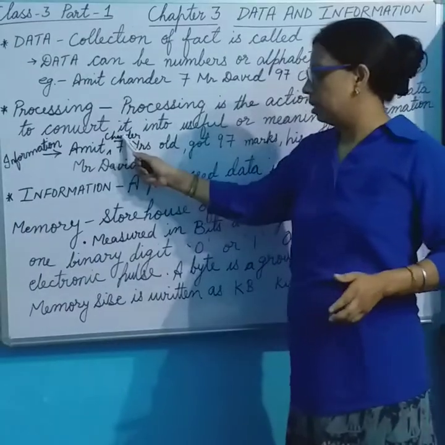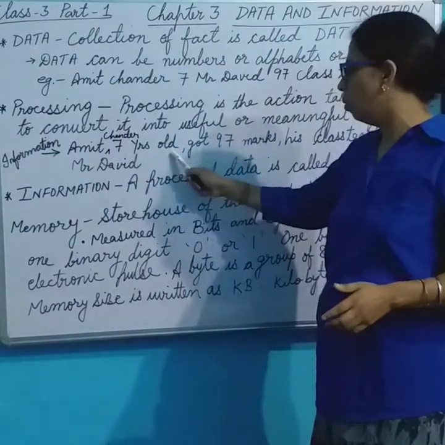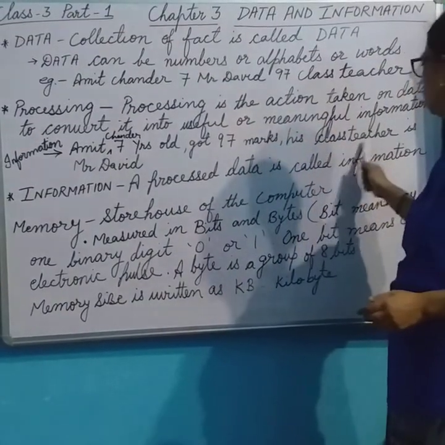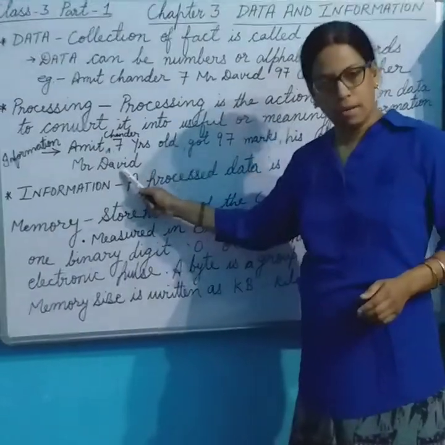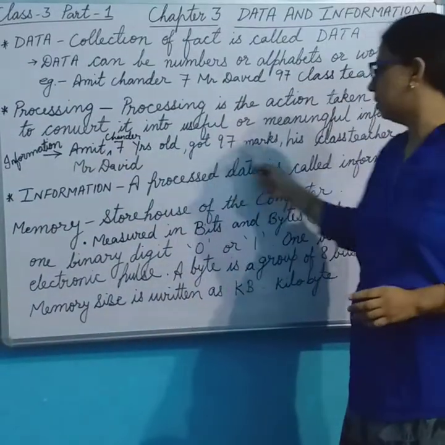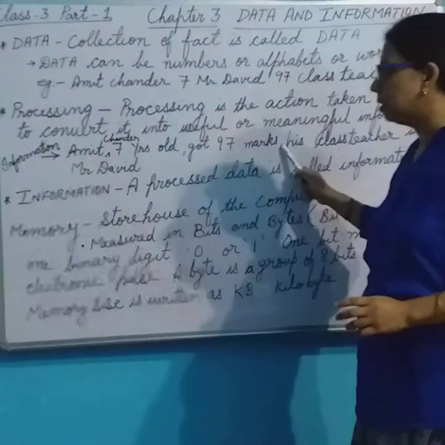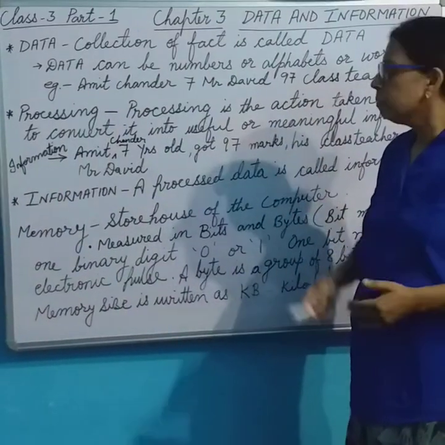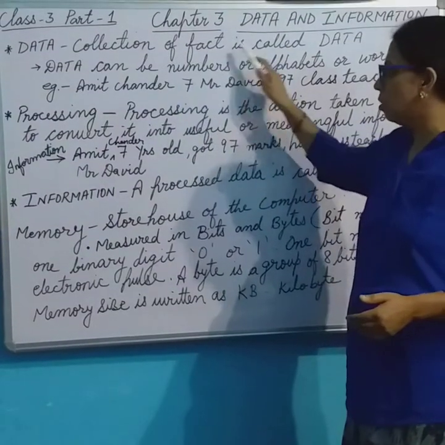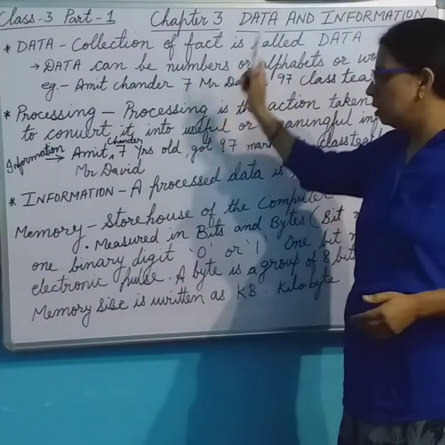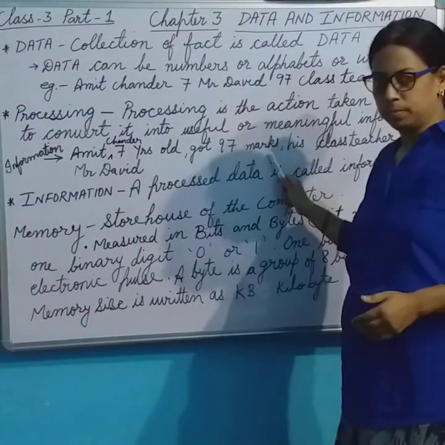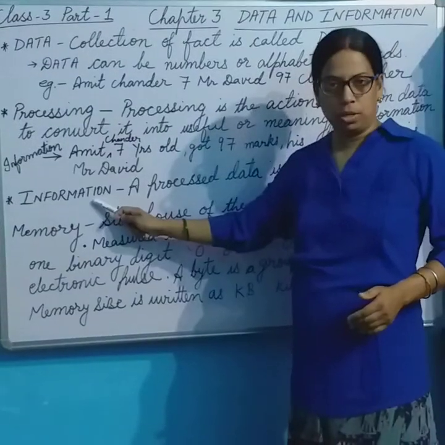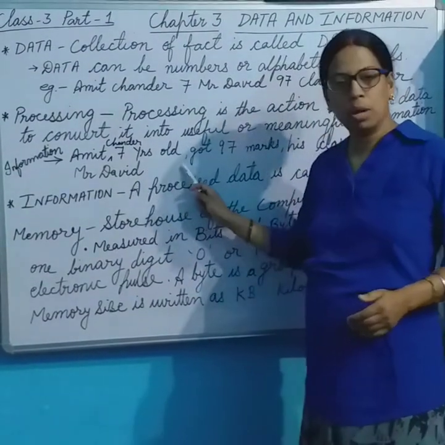Actually, Amit Chandar is a child who is 7 years old and he got 97 marks. His class teacher is Mr. David. So now this makes sense. This sense comes after processing the raw fact, to convert it into meaningful information. Is it clear? The concept of data, processing and information. I am sure it is very clear to you now.